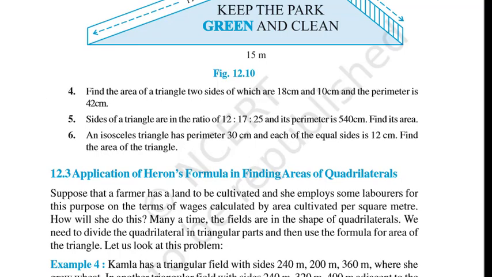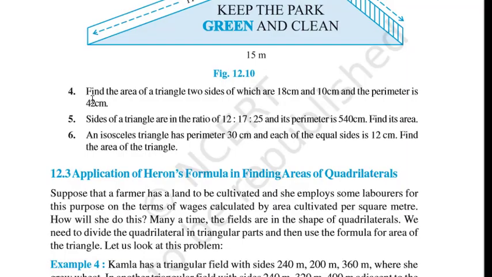So if you see a quadrilateral, it is a four-sided figure like this, 1, 2, 3, 4. Now if I draw a diagonal, whether I join AC or BD, I will get two triangles.